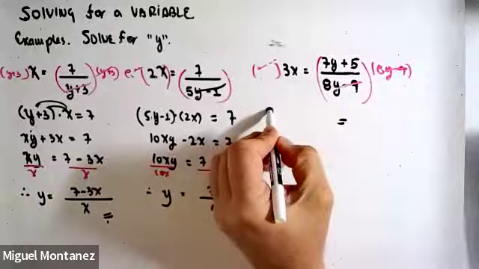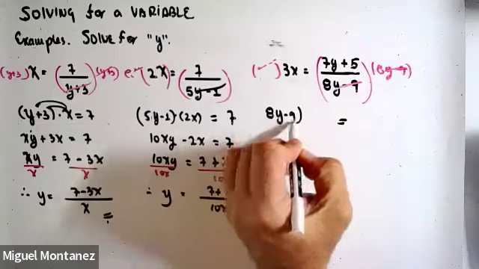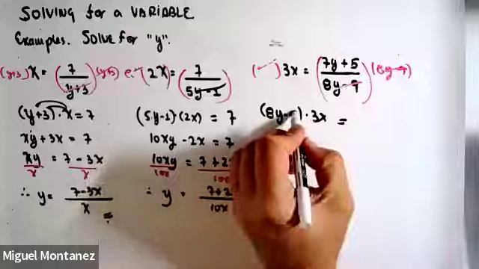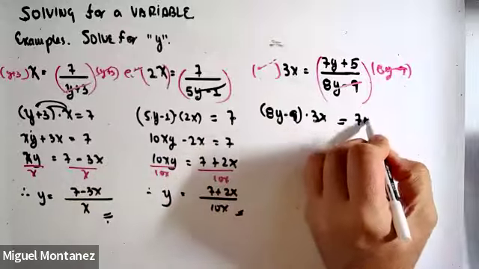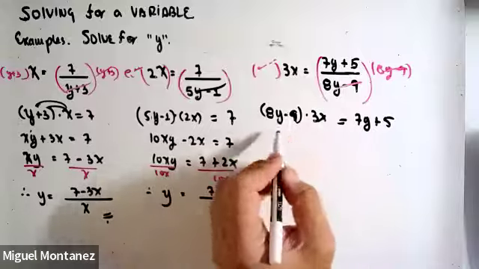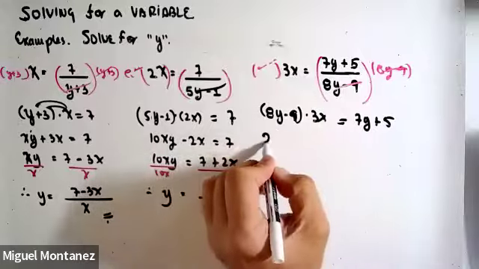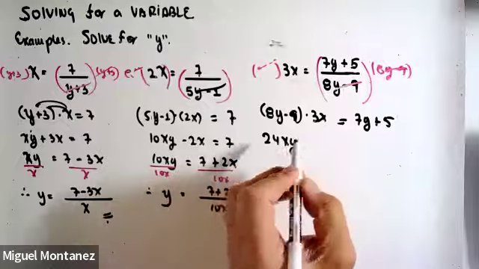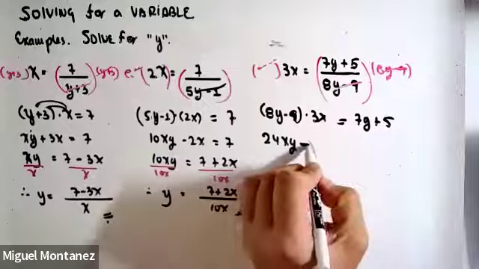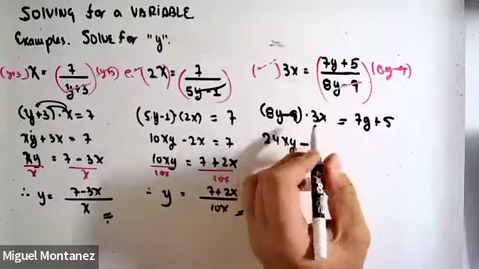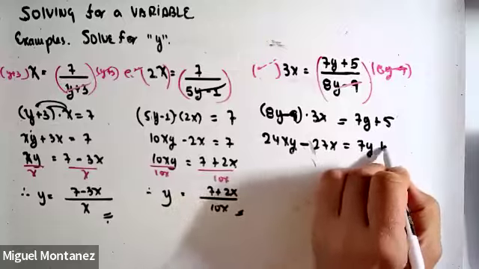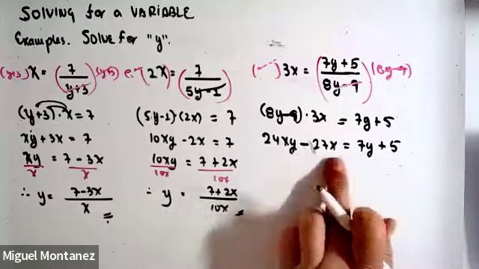So what do I have? 8y minus 9 times 3x equals 7y plus 5. So let's distribute. 8 times 3, 24xy, minus, this was a minus, 9 times 3, 27x equals 7y plus 5.